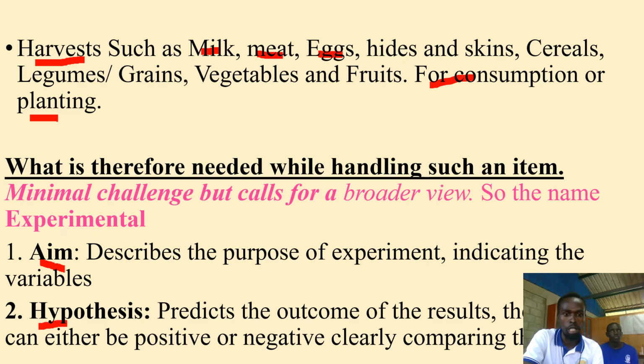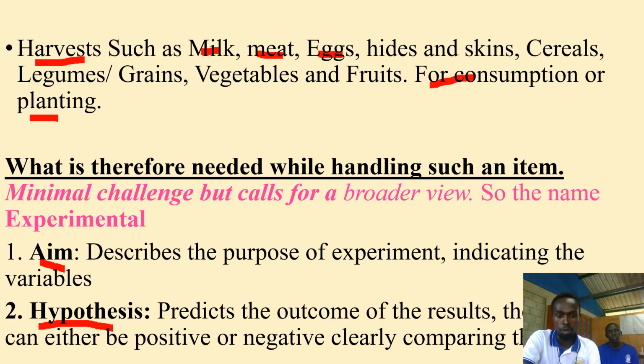Then number 2, it requires you to give the hypothesis. Hypothesis, I normally tell my class that this is actually a prediction. What do you predict from your experiment or from the scenario case?